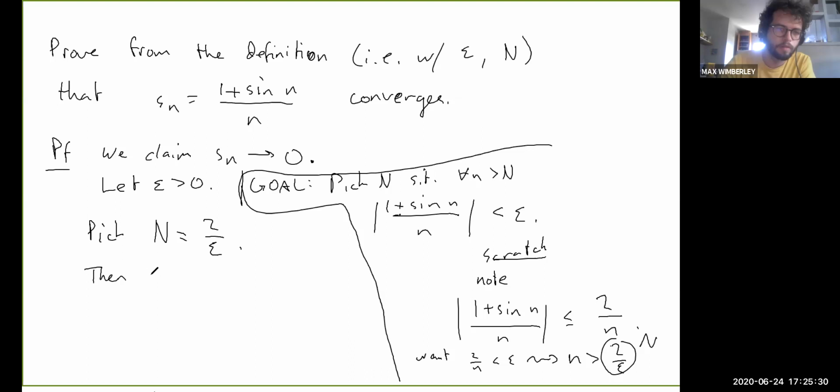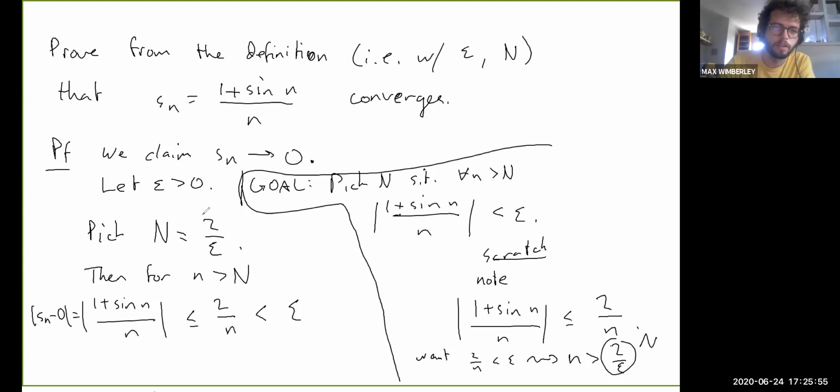Then for n greater than N, Sn minus 0, which is equal to the absolute value of 1 plus sine of n over n, is less than or equal to 2 over n, which is less than epsilon, because n is greater than 2 over epsilon. So that's basically it. Are there any questions about that?